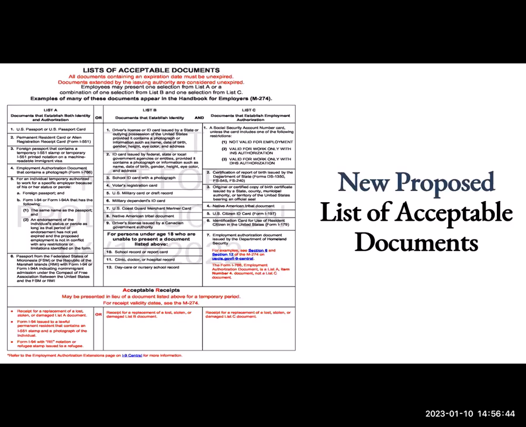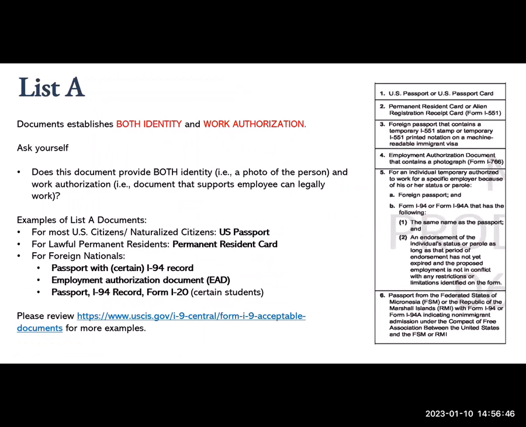Okay, so let's look at some examples of what this looks like. All right, list of acceptable documents. Okay, so when I'm doing audits and helping employers, one of the bigger things that I see is confusion as to what is list A, what's list C, what is list D, what am I supposed to be looking at?